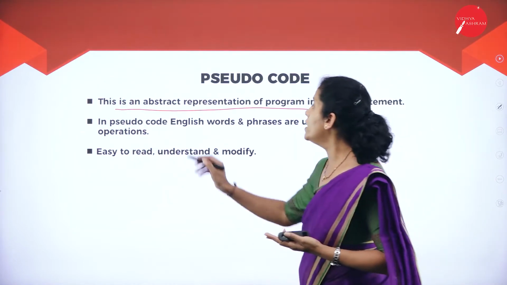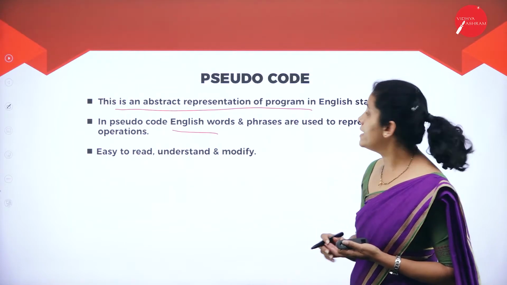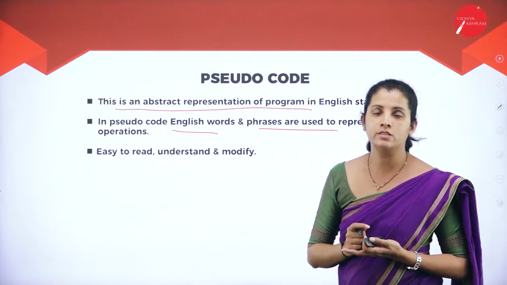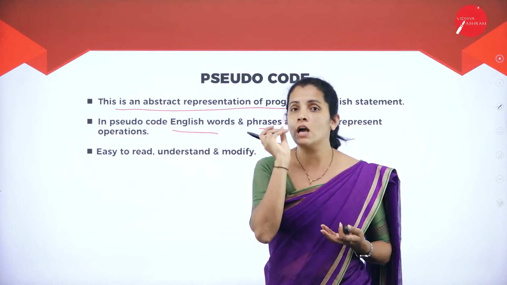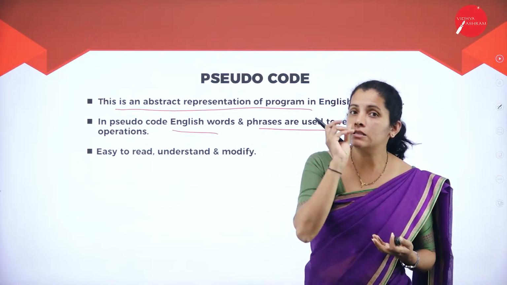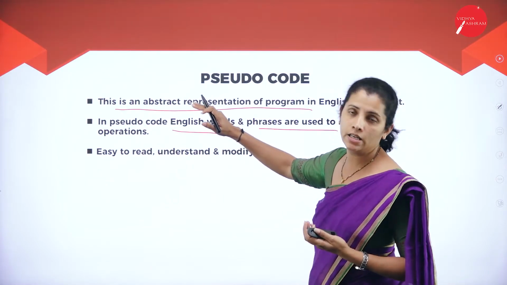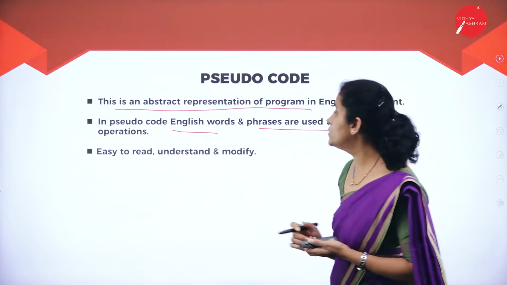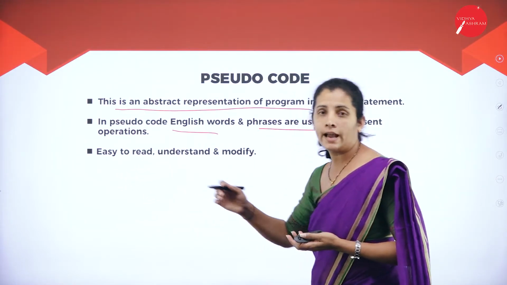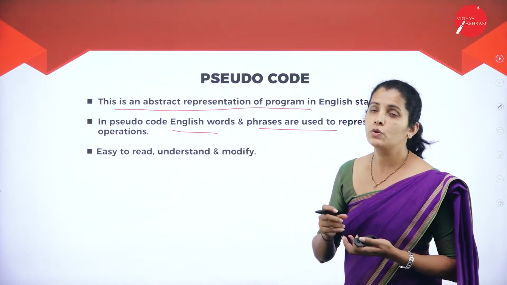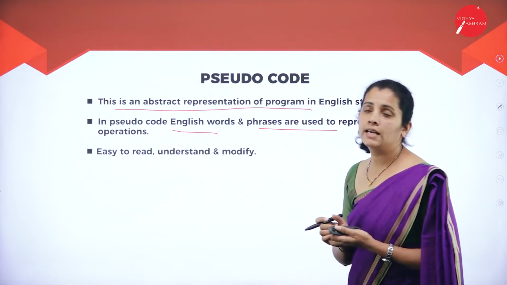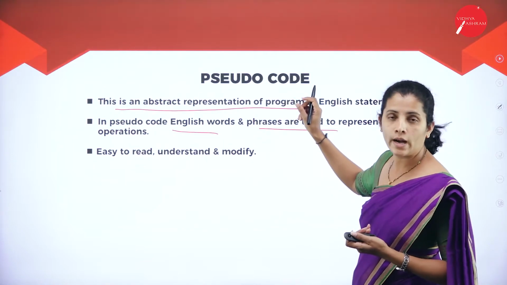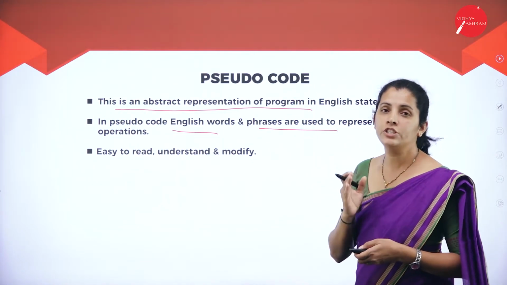In pseudocode, English words and phrases are used to represent operations. That means whatever operations I want to perform are written by using English words as well as phrases. And it is very easy to read, understand and modify. So pseudocode is nothing but the abstract representation of a program by using English statements.